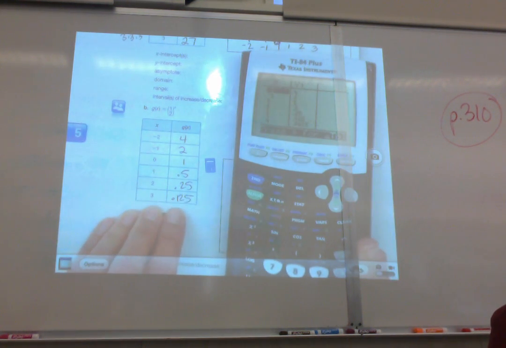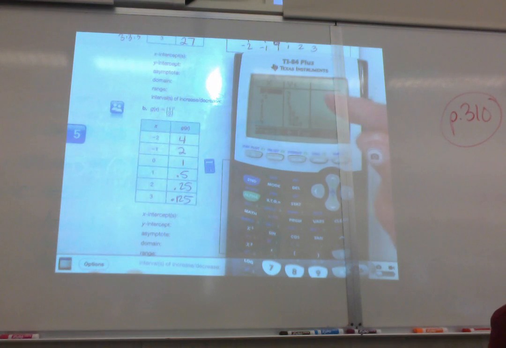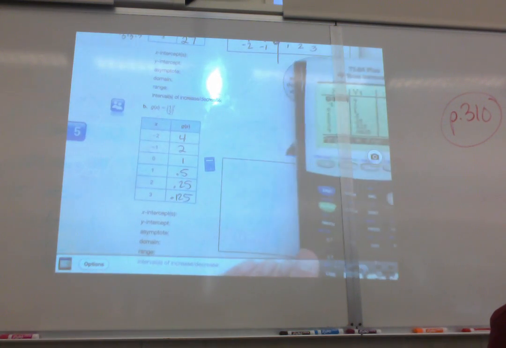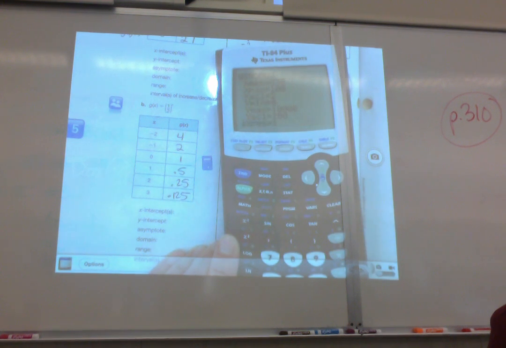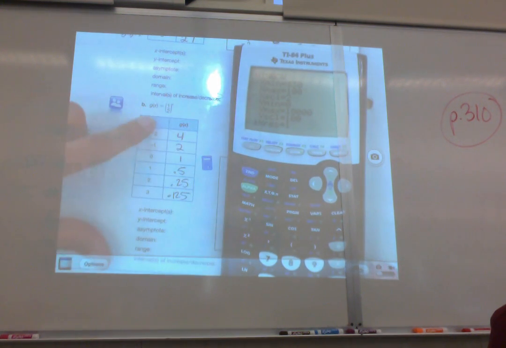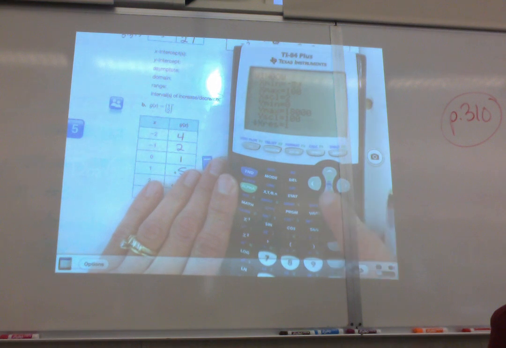Okay, how easy was that? I used y equal and table. Now that I have this in y equal, I can also graph it. So graph is this button, but I'm going to set a window. On the x-axis, I need to go from -2 to 3. How about I go -3 to 3?